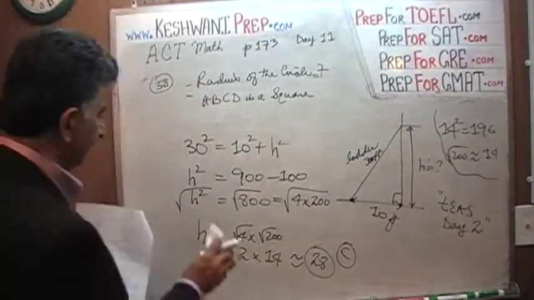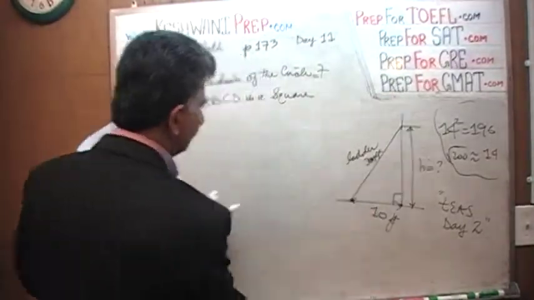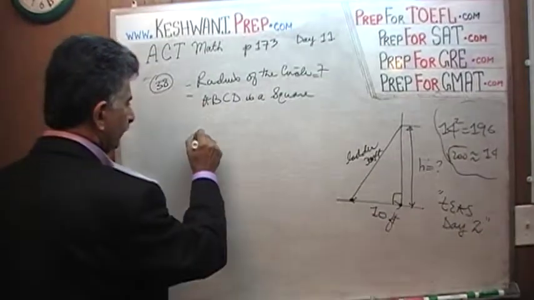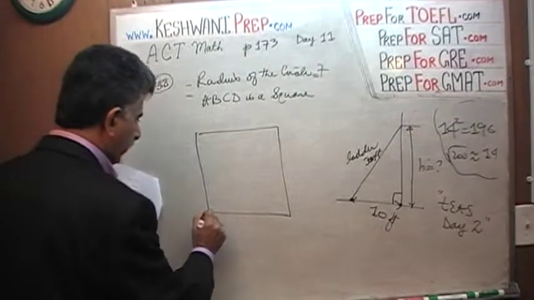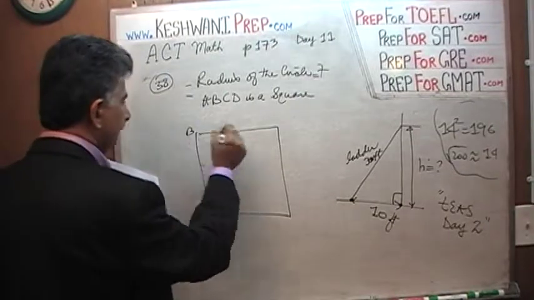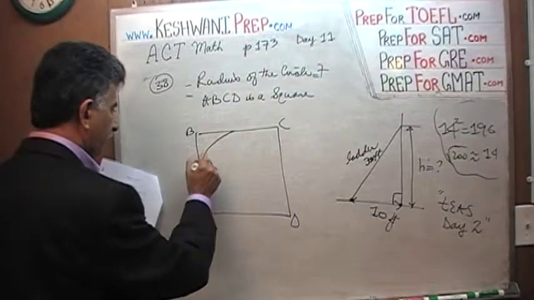And it looks something like this. So here's our square. A, B, C, D is a square, and the circle sits something like this.